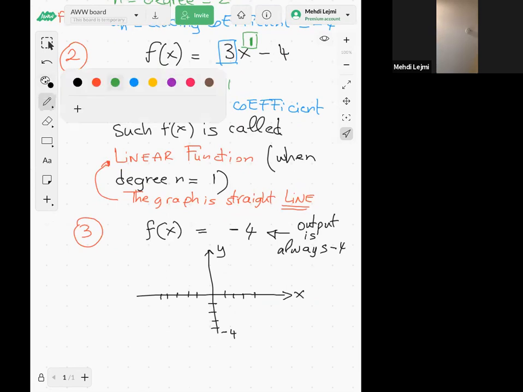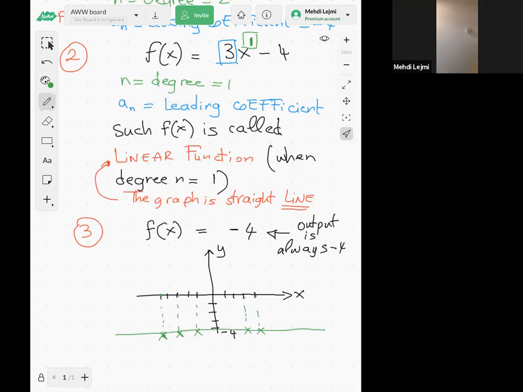Let's say this is -5. The image, or the output, of -5 is -4. Here is the same, -4. Here is the same, -4. So it's just a horizontal line.